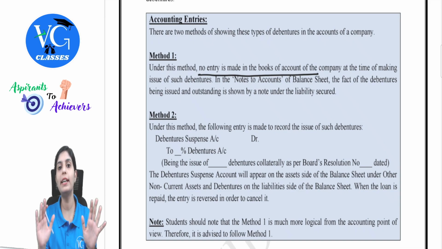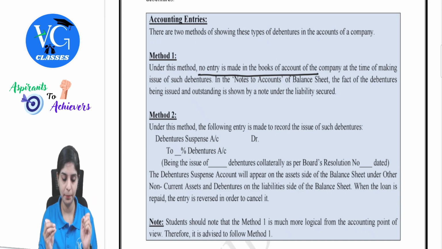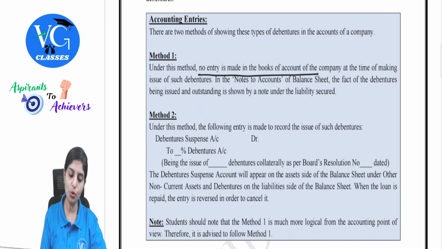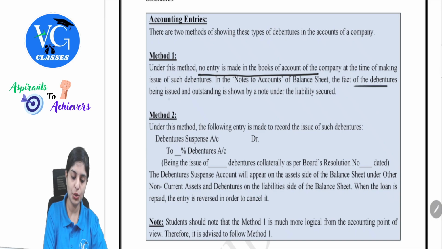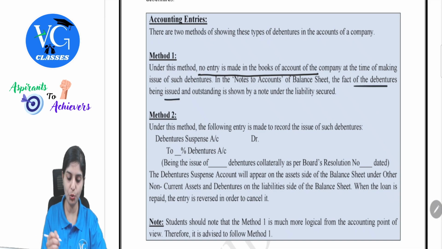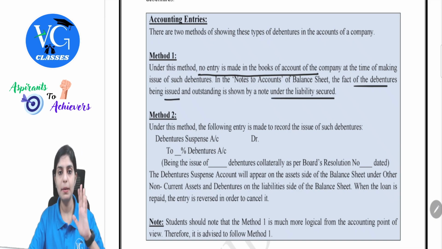That is why there is no entry, because there is no issue at all that has happened. Then what should we do? In the notes to accounts and balance sheet, the fact of the debentures being issued and outstanding is shown by a note under the liability secured. So under method 1, what it prescribes is you will just record the entry for bank loan, any bank loan being received.